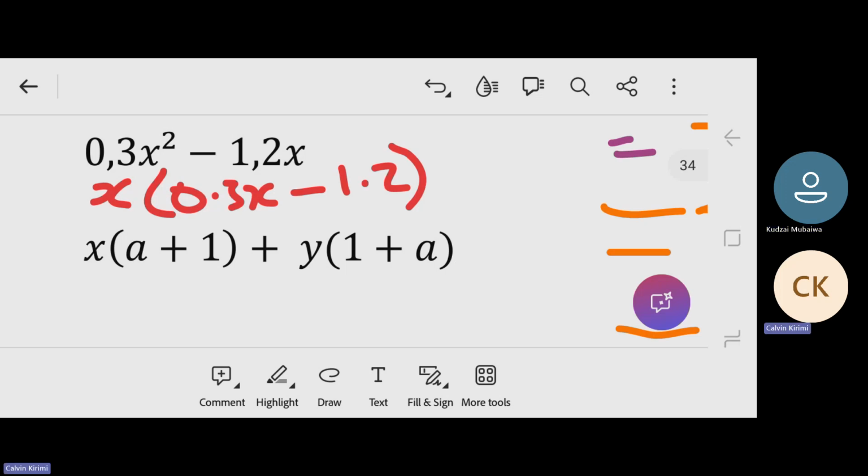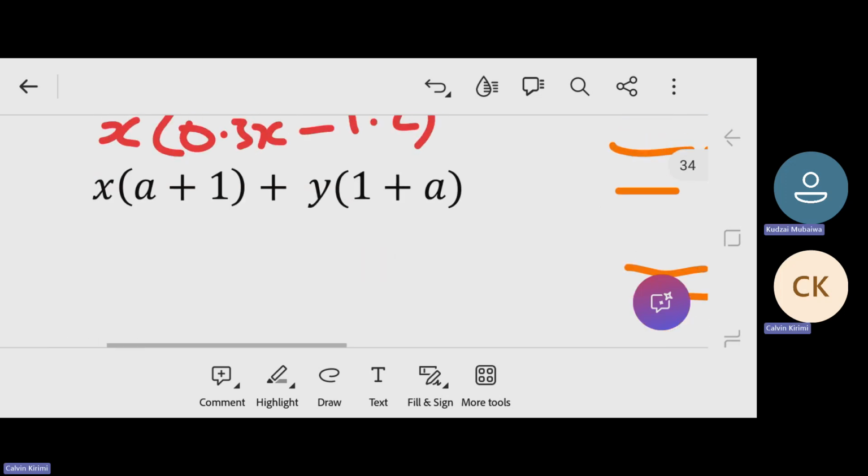So first you must divide by the highest common factor of those two terms. The highest common factor is 0.3x. So you are going to factor out 0.3x.